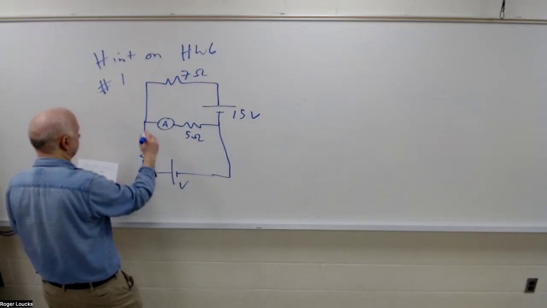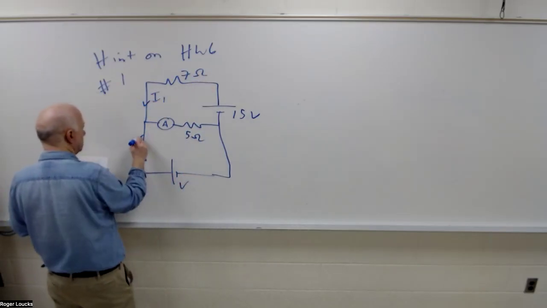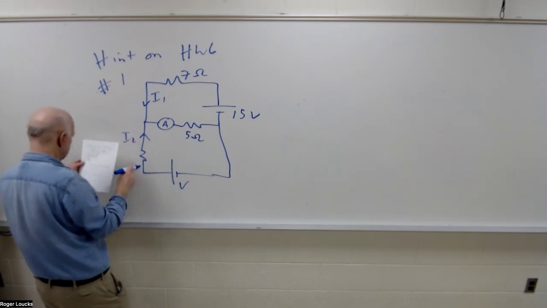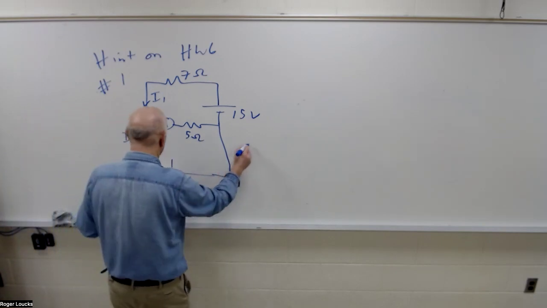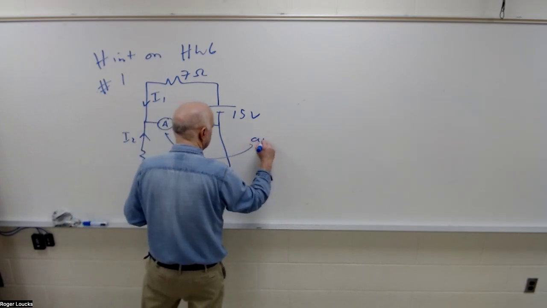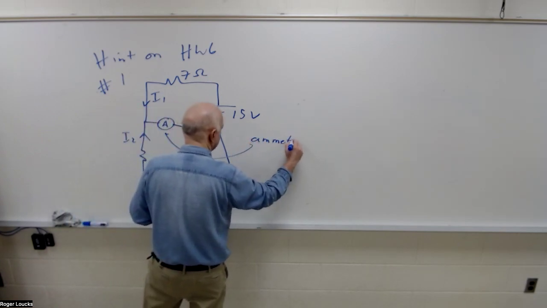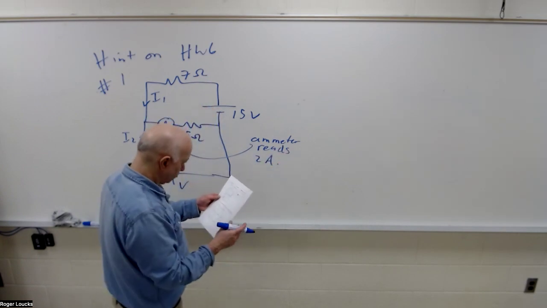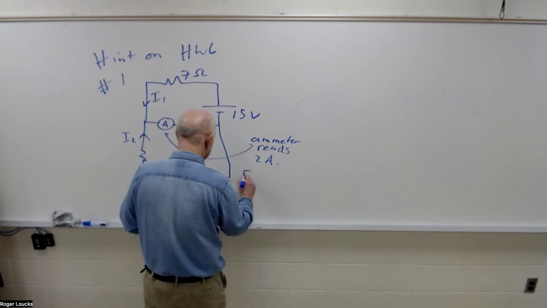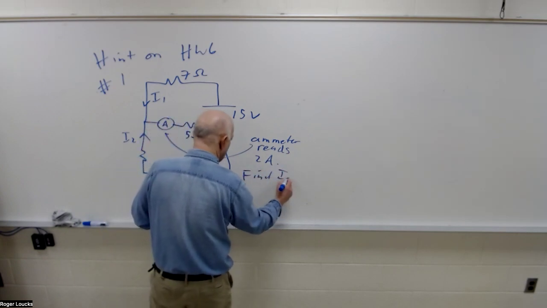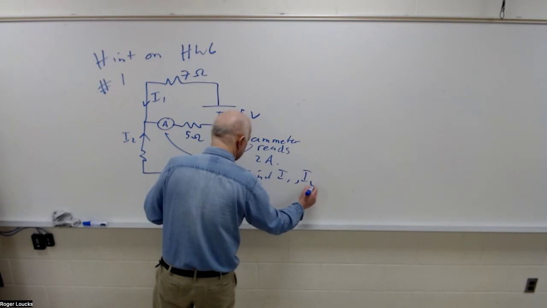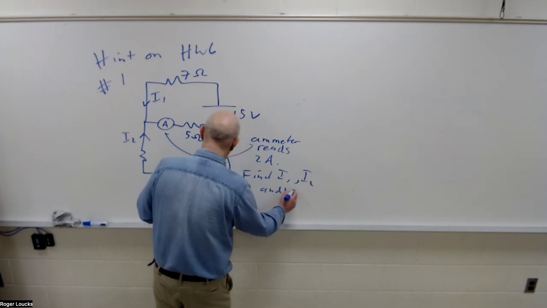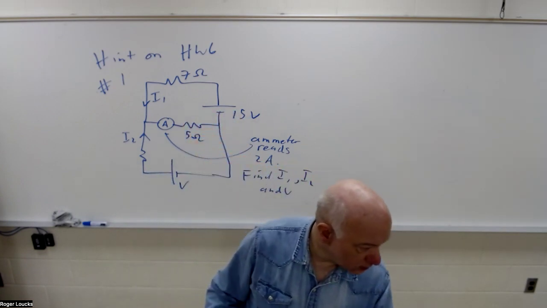And I give you the direction of the currents. I tell you that it's I1, this is I2, and I tell you that the ammeter reads 2 amps. The question is basically find I1, I2, and V.